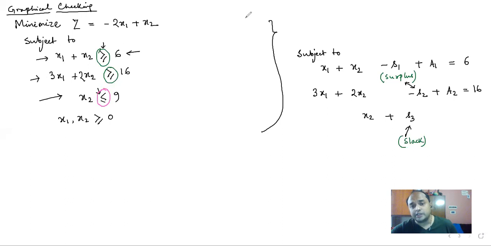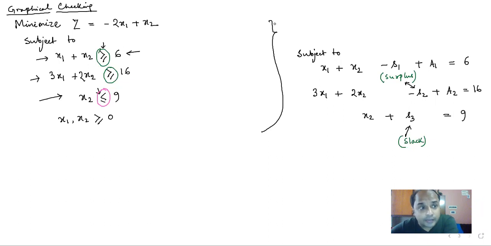Slack will not be associated with any artificial variable. When slack is added, it is just added. It will not be associated with any artificial variable. Remember, equals 9. That's it.